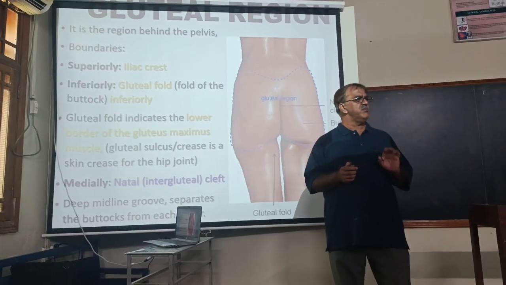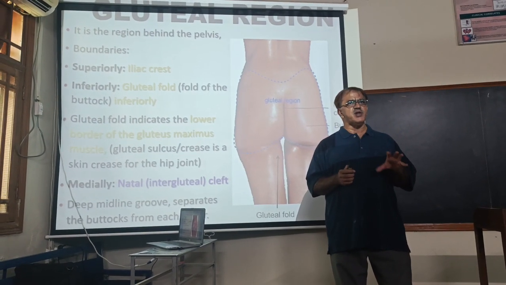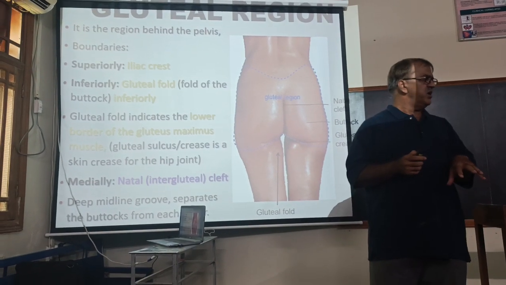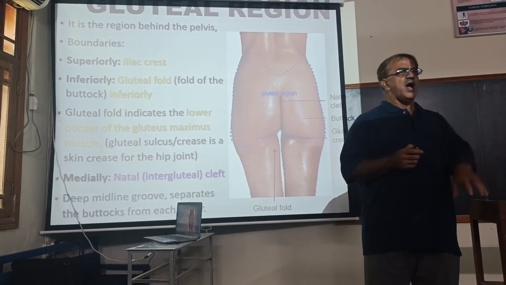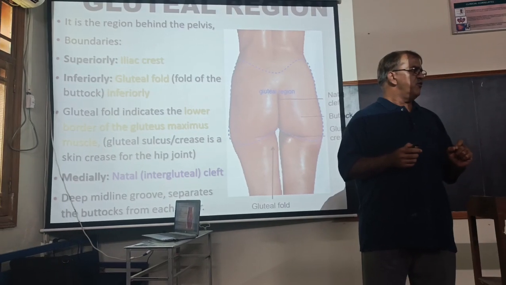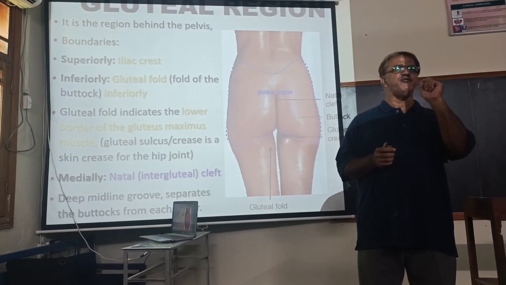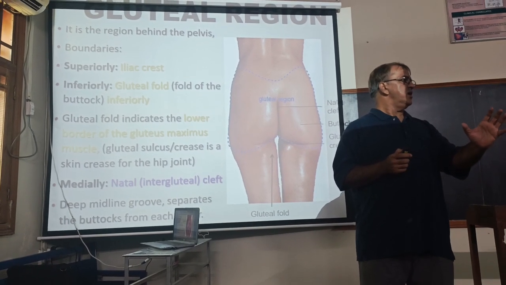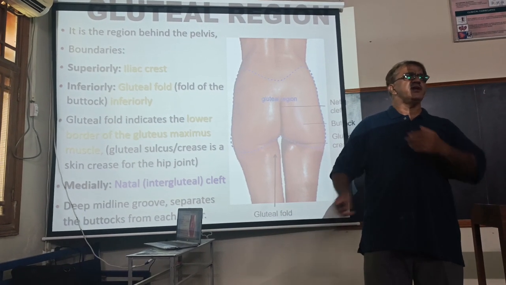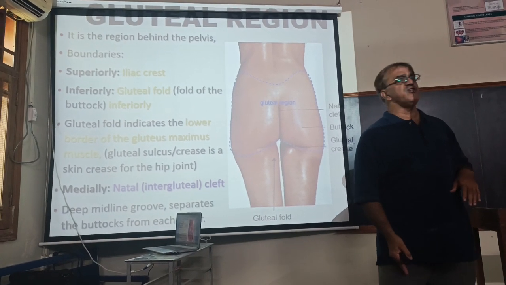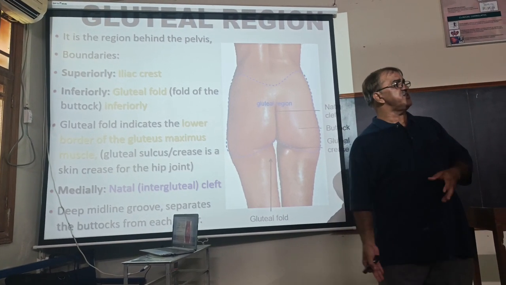We have a huge muscle of the body present here, the gluteus maximus, and it is clinically used for intramuscular injections. For intramuscular injections, you have to select huge, bulkiest muscles, like the gluteus maximus here, the deltoid in the upper arm, and in the front of the thigh the vasti, especially the vastus lateralis.